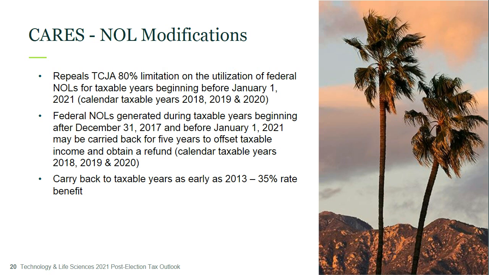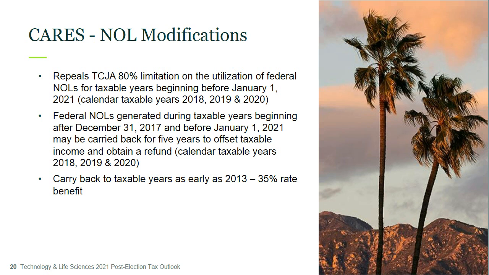So CARES comes in and actually gets rid of that limitation for calendar taxable years 2018, 2019, and 2020. We were hoping that the Appropriations Act would extend this legislation. Unfortunately, it did not.